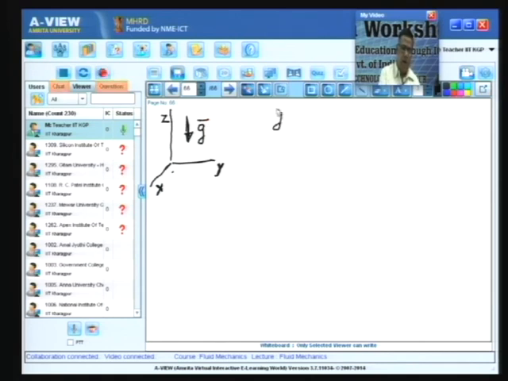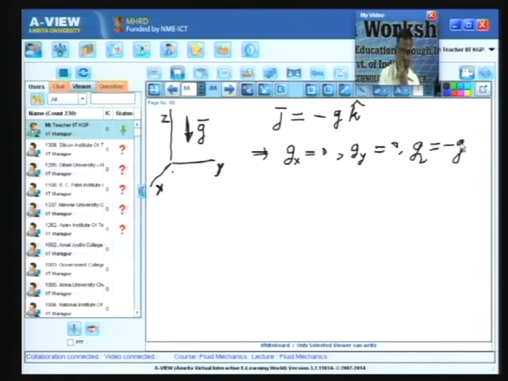So, you see that g now is minus g k. That means that the x component of g is 0, y component of g is 0 and the z component of g is minus g. So, if you look at g dot r, that is g x x plus g y y plus g z z.